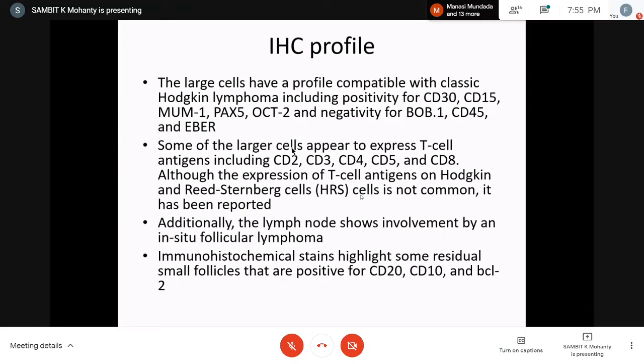So IHC-wise, the large cell immunoprofile was compatible with classical Hodgkin, and some of the large cells express T cell antigen except for CD7, and the positivity for T cell antigen in Hodgkin is well documented. The small follicles show the features of in situ follicular lymphoma, which was confirmed by FISH assay.